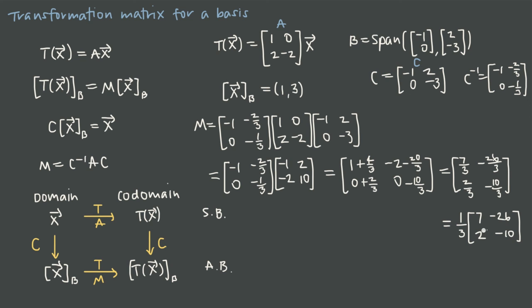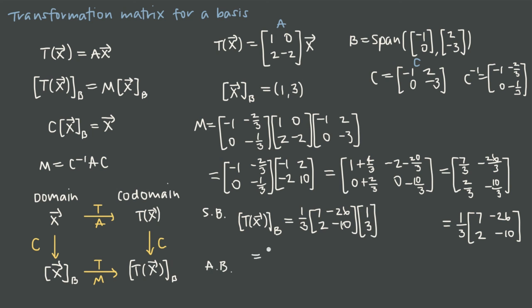Now that we have M, we can actually transform the vector given in the alternate basis, 1, 3, by the transformation T. So we'll say the transformation of the vector x given in the alternate basis is equal to this 1/3 times 7, -26, 2, -10, multiplied by this vector we want to transform in the alternate basis, 1, 3.